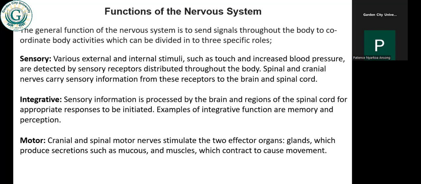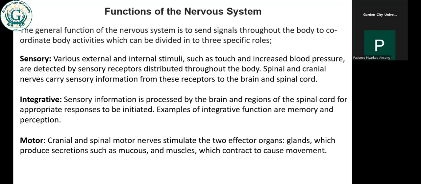So we have the sensory nerve, which is tissues that are made of nerve cells that transmit signals from parts of the body through the spinal cord to the brain, which is the main region for coordination of activities.